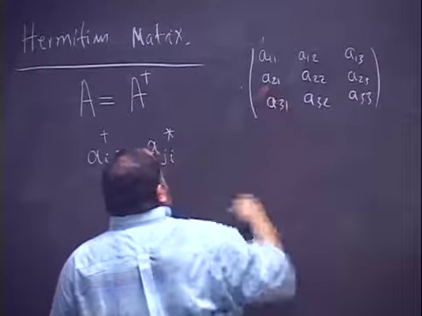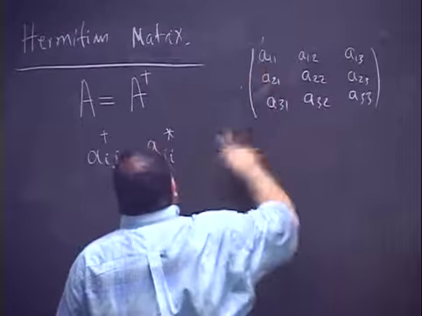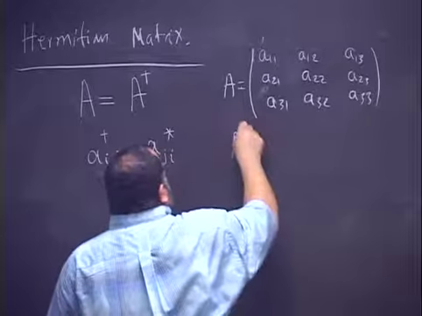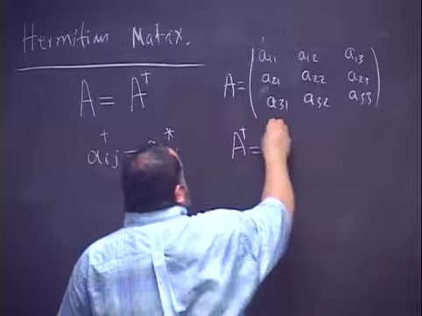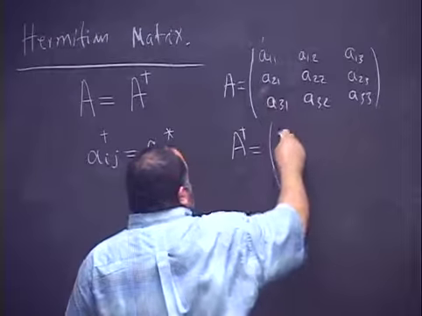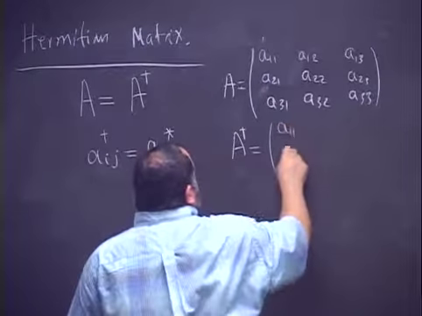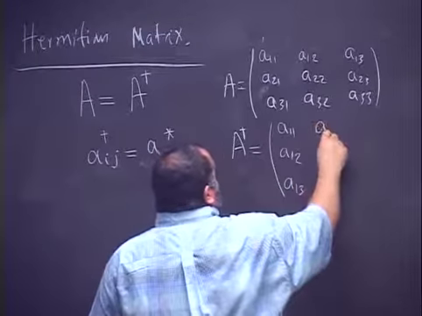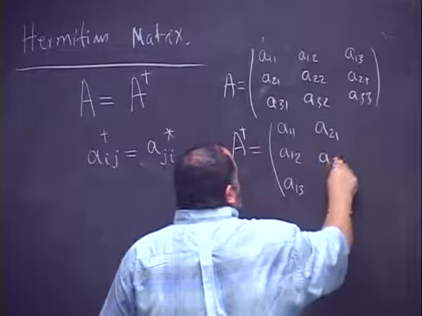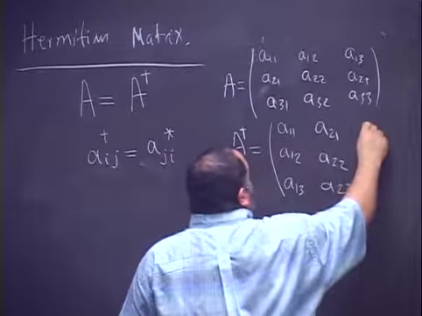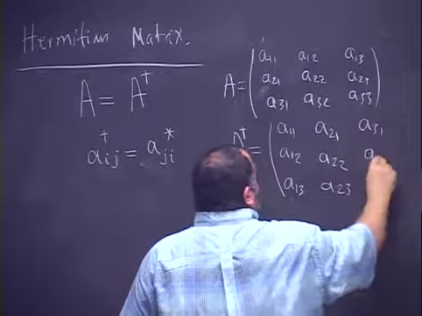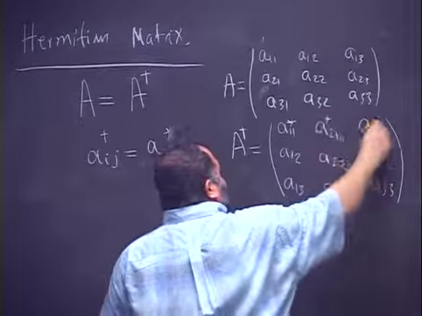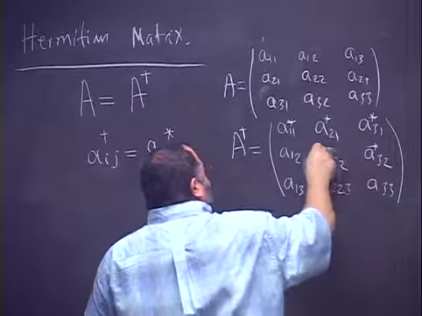Then what's the Aij here? Let's take A dagger. It would be equal to what? Transpose it first. So it will be A11, A12, A13, then 21, 22, 23, then 31, 32, 33. Yes? Then you will take the complex conjugate.